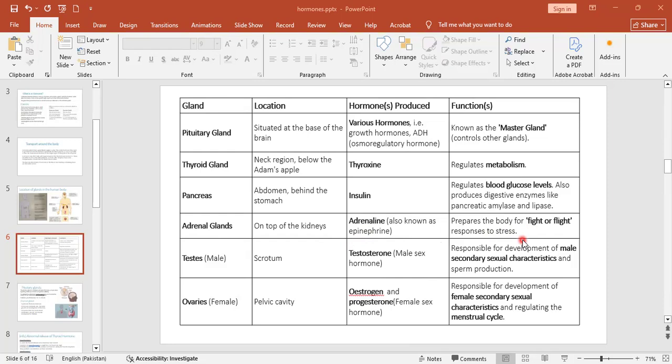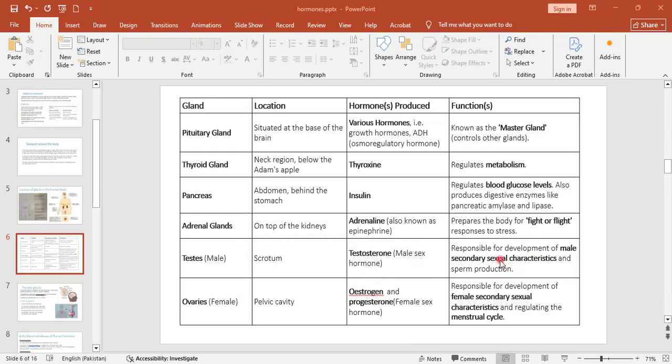That's the flight. In the male, the testes are present in the scrotum, the pouch-like structure in the male reproductive organ, and they produce a hormone known as testosterone. It's a male sex hormone, and it is responsible for the development of male secondary sexual characteristics and the sperm.